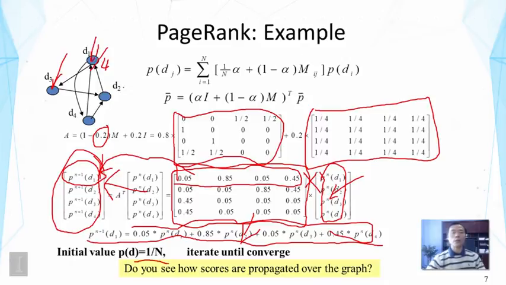So we look at the scores that represent the probability that the random surfer would be visiting the other pages before it reached D1, and then just do the propagation to simulate the probability of reaching this page D1. So there are two interpretations here. One is just the matrix multiplication, repeatedly multiply the vector by this matrix. The other is to just think of it as propagating the scores repeatedly on the web.